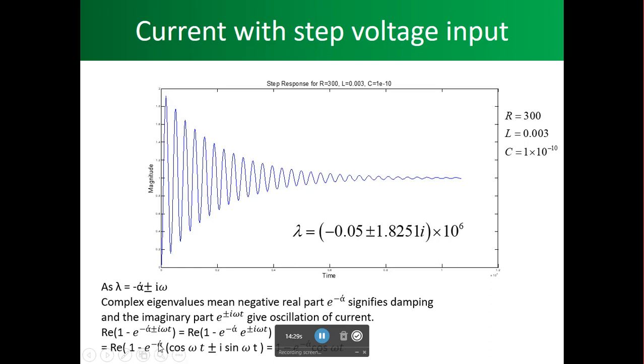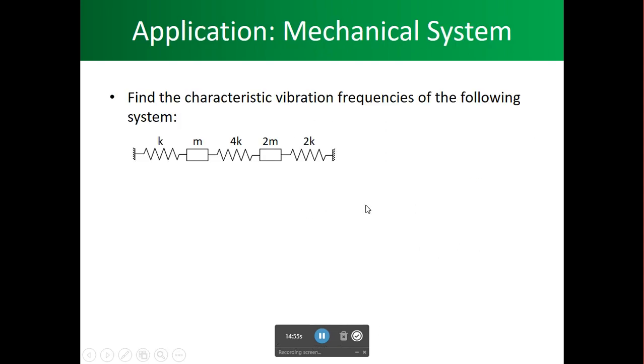So as t goes to infinity, it's going to take this to 0, and then it's going to take this to 1. So our value will damp out at 1. Whatever the magnitude is in front, that will be the value, because this is 1 and the magnitude can change.